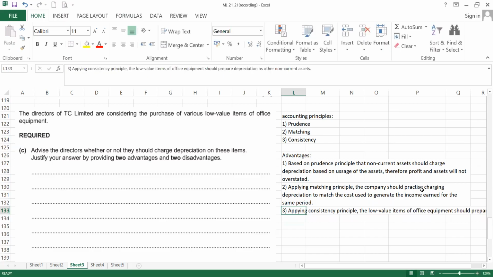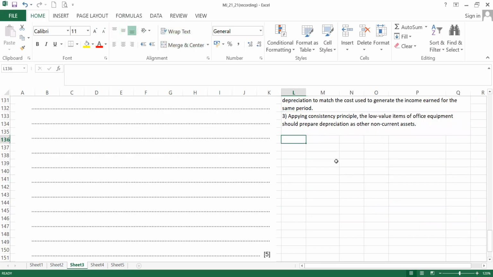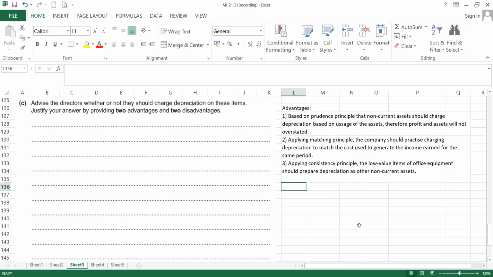Okay, so this is the answer that we can put for the advantages. So this all means that we fulfill the IAS standard. Okay.